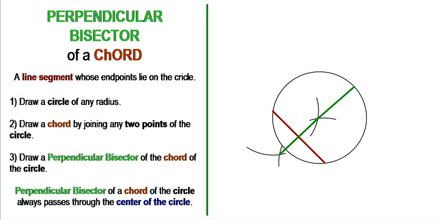Now it is your responsibility to check out and draw some more circles of different radiuses and different chords, whether this theorem is right or wrong. What does the theorem say? The theorem simply states that if you draw any chord and then draw a perpendicular bisector of that chord, this perpendicular bisector will always pass through the center of the circle.